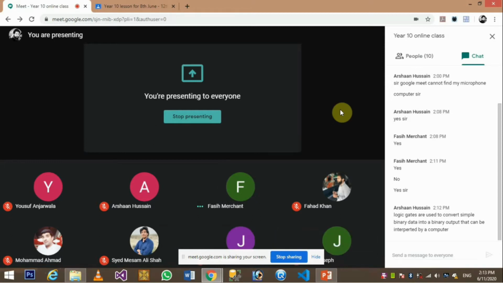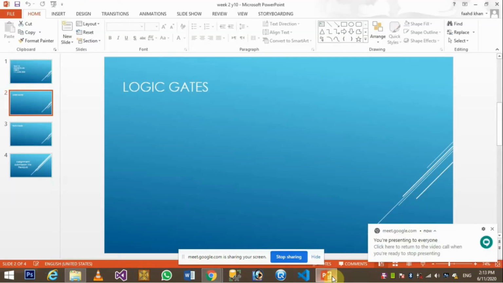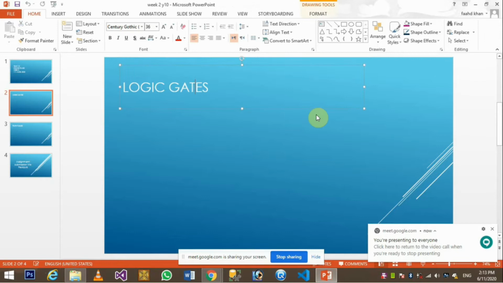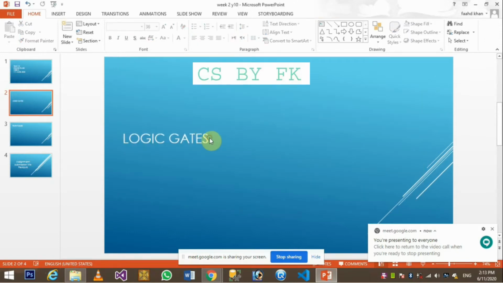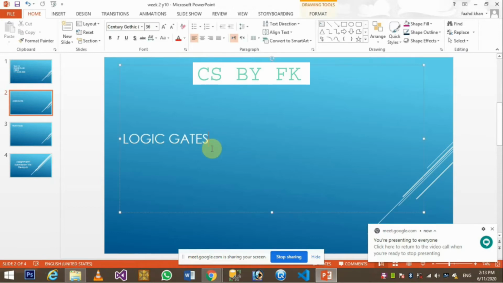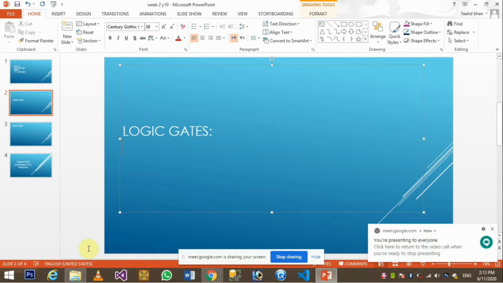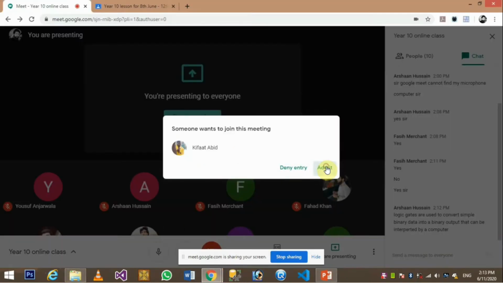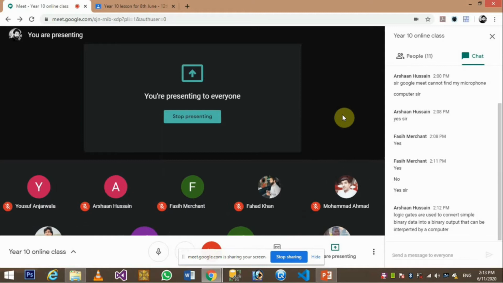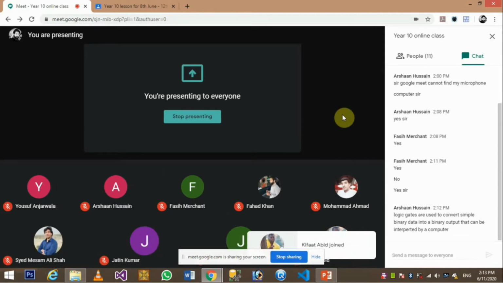Some logical operations mean if my computer wants to compare anything, that is basically a logical operation, right?